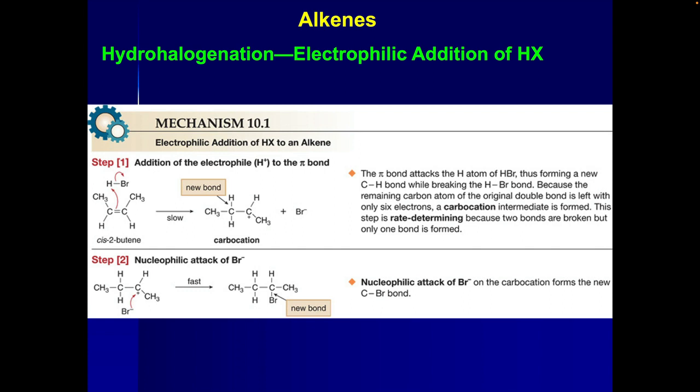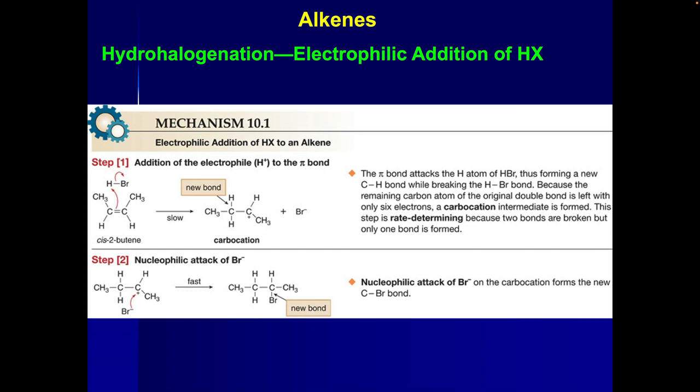So I'm taking a pair of electrons here, and I am going to make a bond between one of these carbons and hydrogen. Does it matter which carbon at this point? It does not, and it does not because they're absolutely identical. You get the same thing regardless of which, right? You can see that this side of the molecule is perfectly identical to this side, so it doesn't matter.